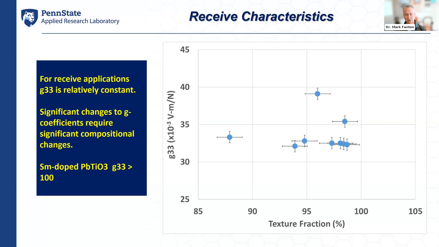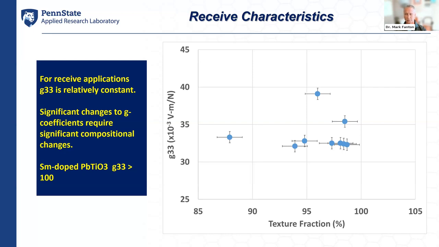However, there have been some recent results, both published and here internally at Penn State, that suggest that for hydrophone applications, you may not actually want to drive the material to 100% texture. In cases where it's really the hydrostatic coefficients that you're more concerned about, where you're looking at the interplay between the say the 3.3 coefficient and the 3.1 coefficient, there's actually a maximum in that hydrostatic coefficient at lower texture fractions.